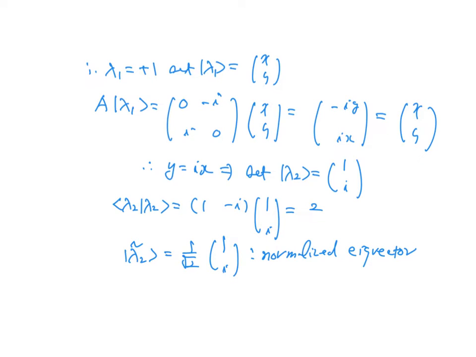And when lambda is -1, you just need to make a copy. Am I going a little too fast? Case number 2, when lambda 2 is -1, we can set again the eigenvector as any value (x, y).